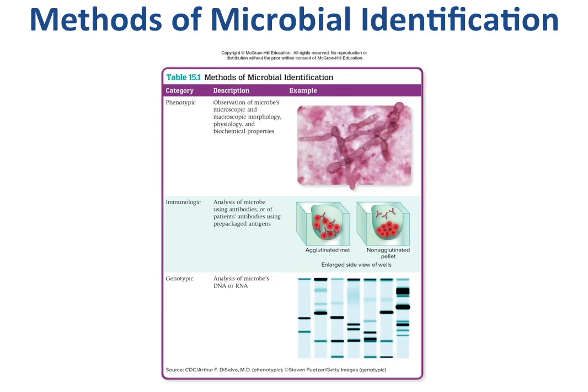Immunology is for the antigen antibody reaction. Genotypic is for the DNA, so we can use PCR. This is an electrophoresis image of the PCR.